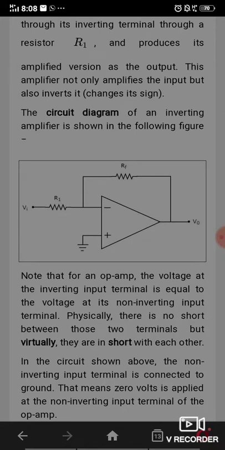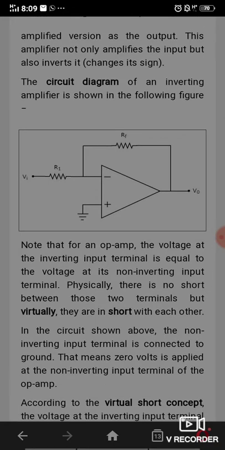Note that for an op-amp, the voltage at the inverting input terminal is equal to the voltage at its non-inverting input terminal. Physically, there is no short between these two terminals, but virtually they are in short with each other.